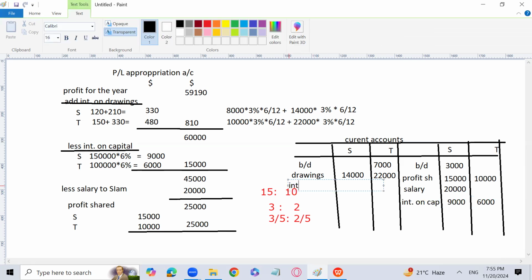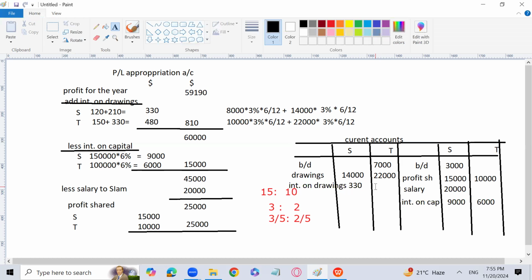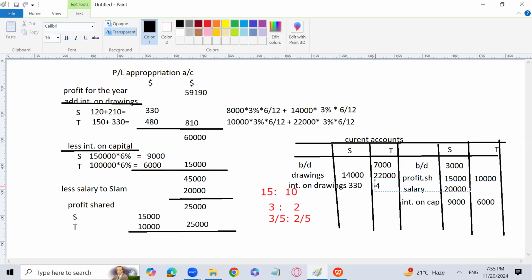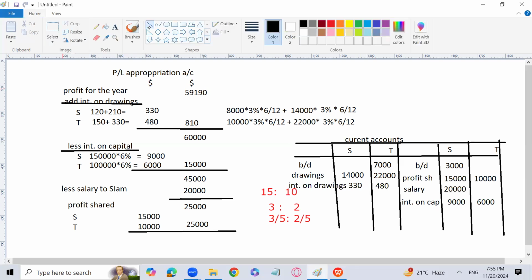It will come on the debit side because it is added, and from here it is going to be subtracted. That is 330 for S and 480 for T. Okay, that's it. There is no interest on loan. Otherwise, it will also come on the credit side of the respective current account of the partner who has given the loan.